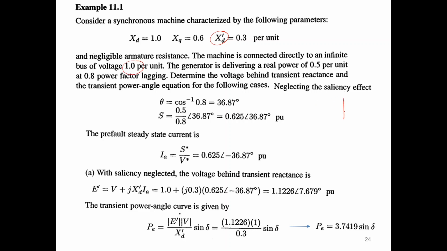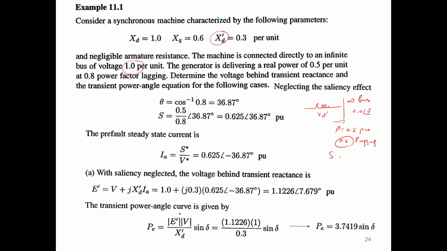So you just draw this. It is an infinite bus, 1.0 at an angle of 0. And this is the generator, xd prime. The generator is delivering real power P of 0.5 pu at a power factor of 0.8 lagging.